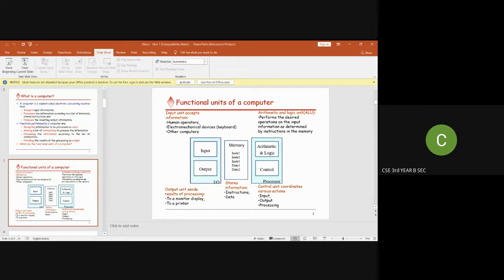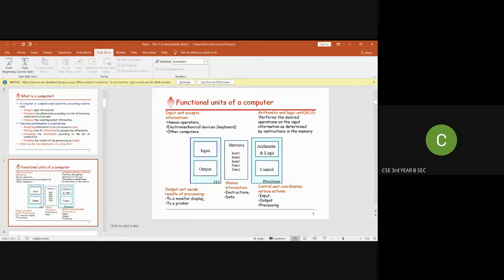This input is given to both memory and the processor. The processor does all the processing on the input and produces the output. So the input unit should accept the input from the user and convert it to binary information.